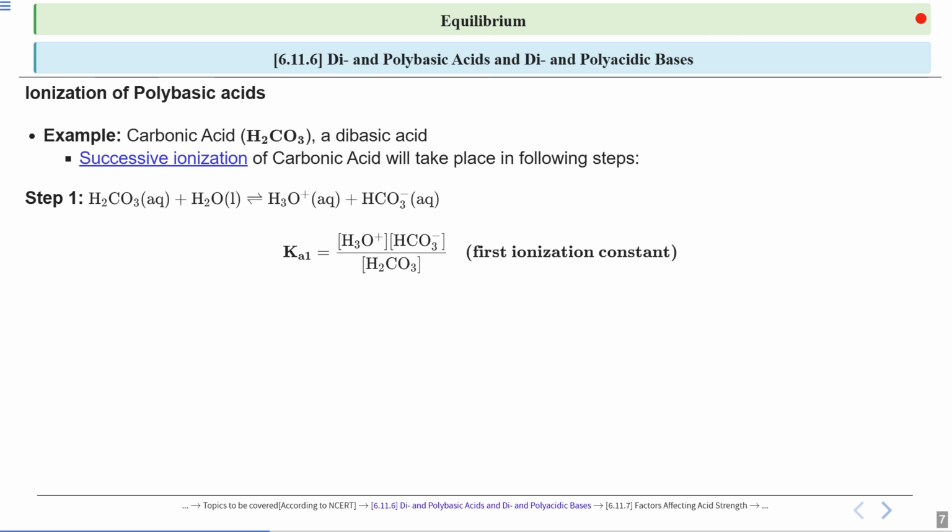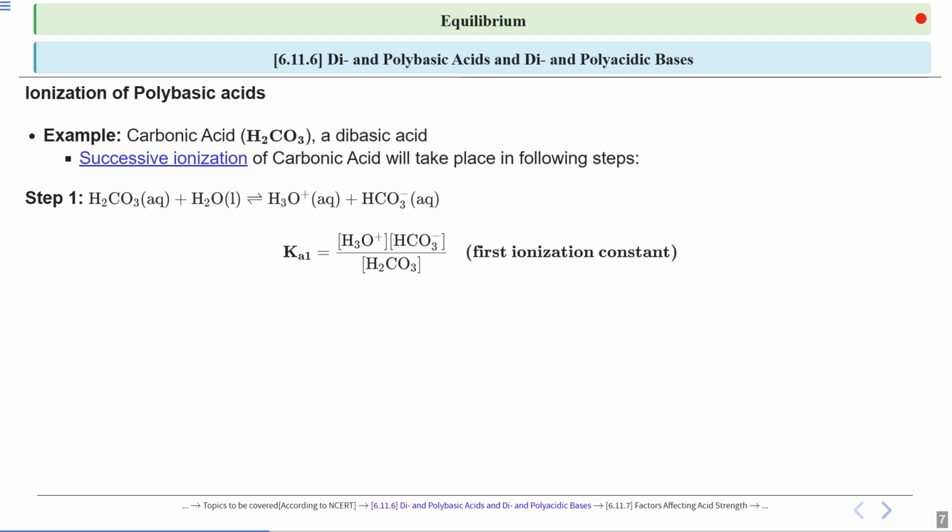Yes, we can write it as the first ionization constant, which is a kind of equilibrium constant again, Ka1 for the first step. Here we have neglected the H2O concentration because it is almost constant. We have taken the concentrations of H3O+ and HCO3-, which are the products, in the numerator, and in the denominator we have taken the H2CO3 concentration, which is carbonic acid.